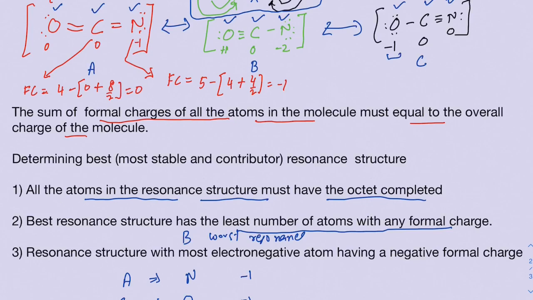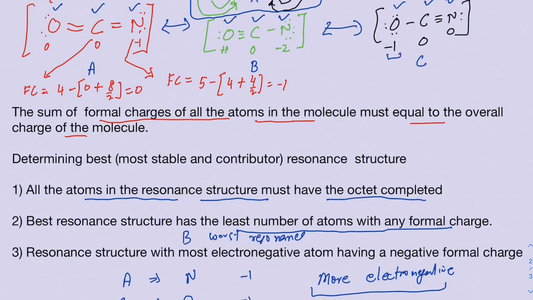So now I have to go back to the periodic table and check, between oxygen and nitrogen, who is more electronegative. All right, so that's a question for you guys. Who is more electronegative in this case? Well, oxygen is going to be more electronegative than nitrogen. So if oxygen is more electronegative, it wants that extra electron pair more than nitrogen.